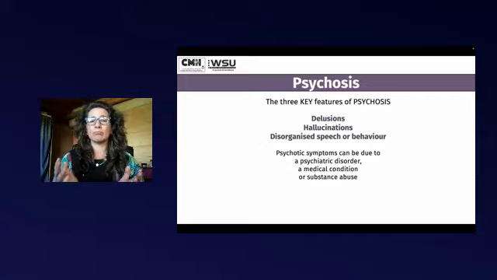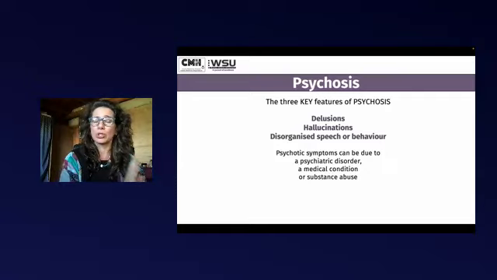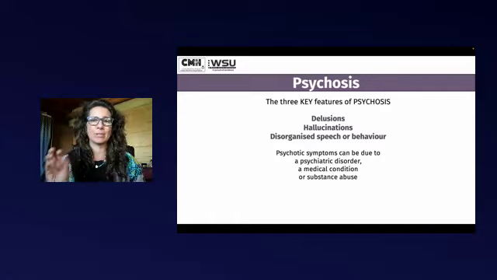Of course, psychosis is like having a cough, it's a symptom picture. It can be due to a mental health disorder, but it can also be caused by a medical condition. A medical condition can cause delirium, which is your confused, muddled patient, but a medical condition can also present with frank psychosis. The same goes for substance abuse. Substance abuse can make a patient muddled, but you can also get a classic psychotic picture.